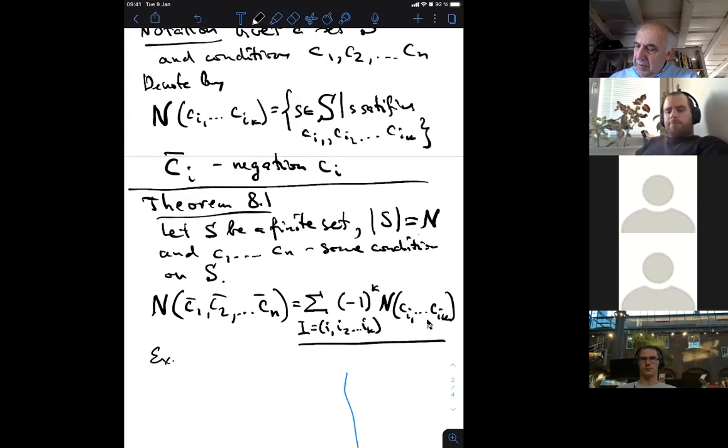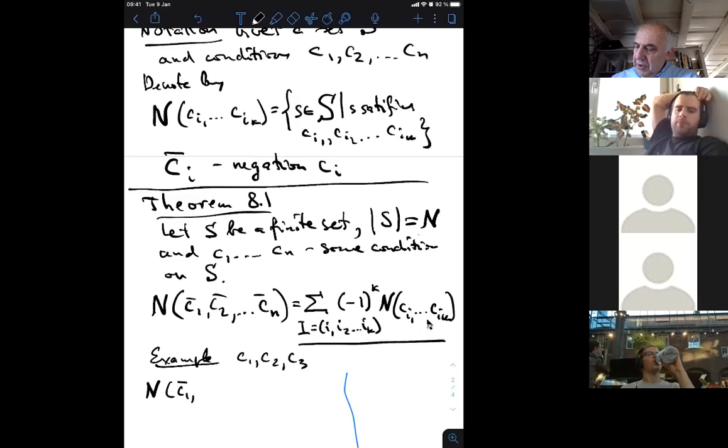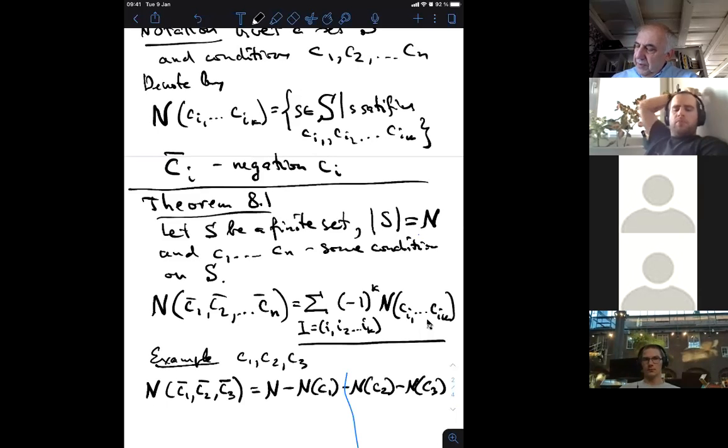an example would be what we had before. Say if we have three conditions, C1, C2, C3. Then I'm saying that the number of elements which is in the complement to all these three conditions is N minus N of C1 minus N of C2 minus N of C3, which is this formula with exactly one element.